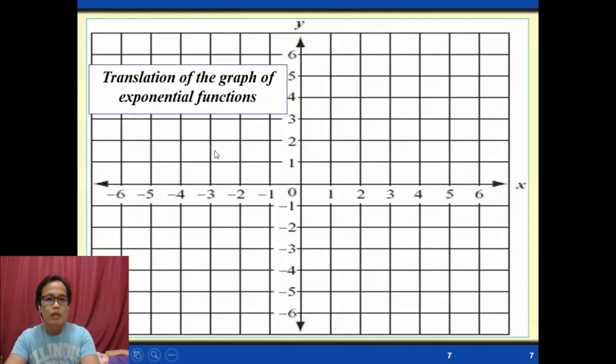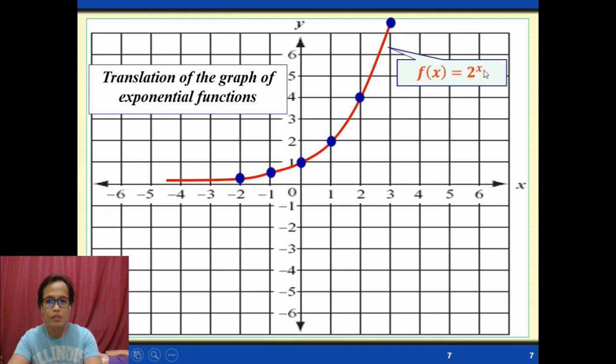Now let's proceed to the next example. We will have the translation of the graphs of exponential functions, with reference to the standard form, f of x equals 2 raised to x.